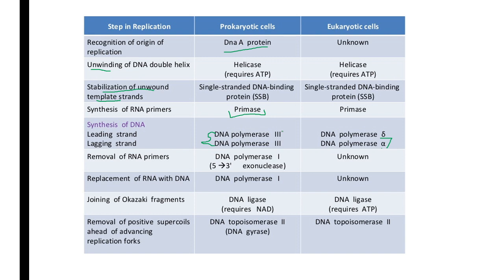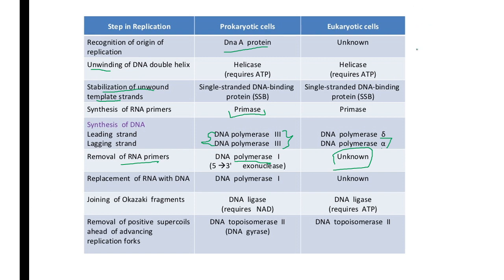In prokaryotes, it is done with the DNA polymerase 3 enzyme. Then removal of RNA primer is done by DNA polymerase 1 enzyme because it has 5' to 3' exonuclease activity. And here it is unknown, in the replacement of RNA with DNA.